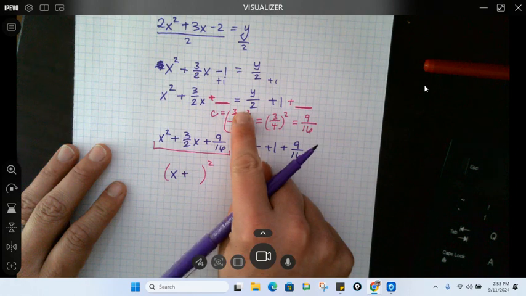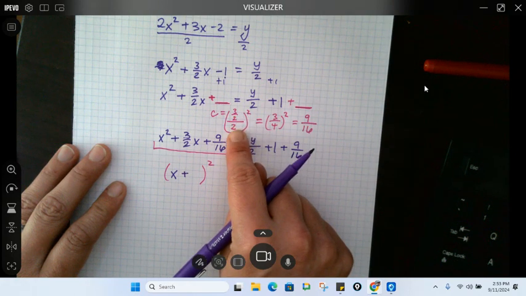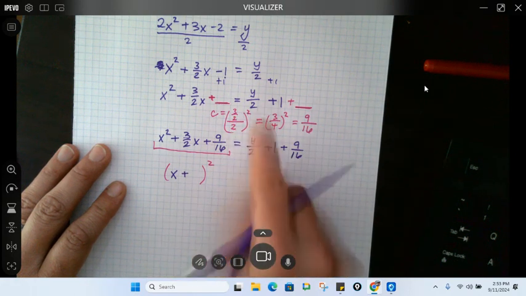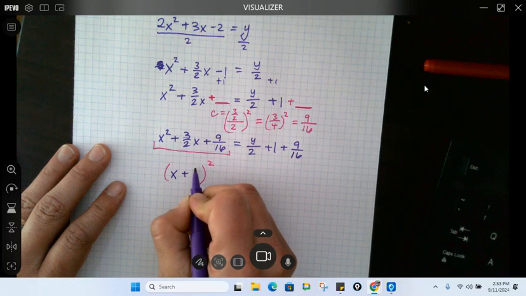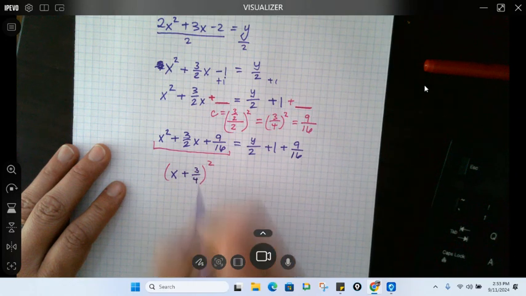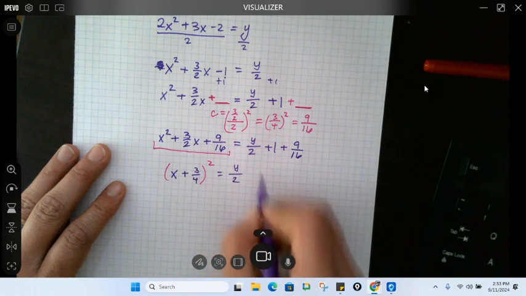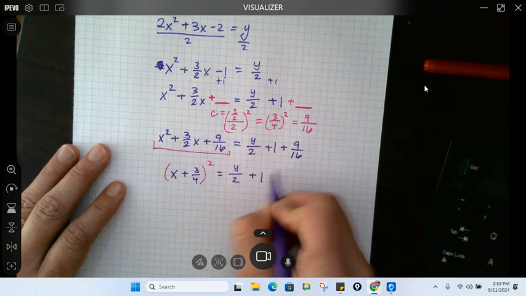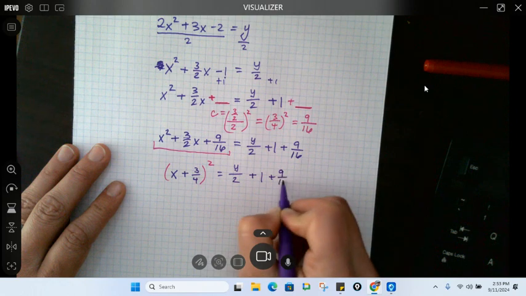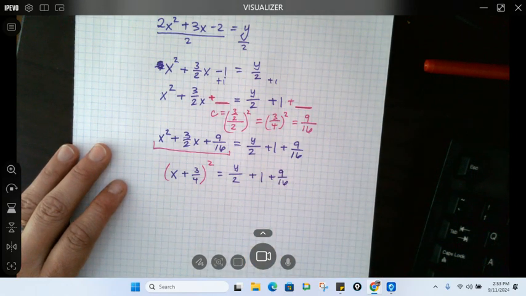Remember how we took the b and cut it in half? It's always going to be that. So it's going to be b divided by 2. So in this case, it's 3/4, which is equal to y over 2 plus 1 plus 9/16.